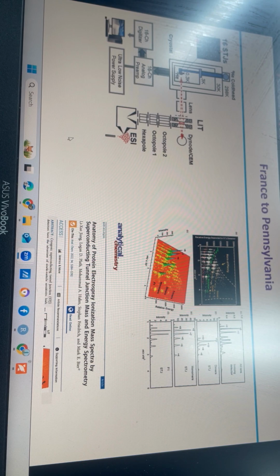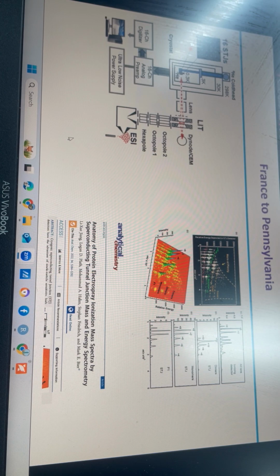The good thing about this detector is that when we put it in cryogenic condition, it can detect a lot of things that traditional mass spec cannot detect. Also, we want to measure the energy of the protein. So proteins sometimes are folded, they are sad, they are folded. Sometimes protein gets excited. Okay, when they get excited, they are unfolded.